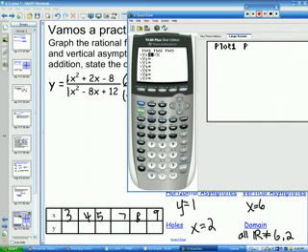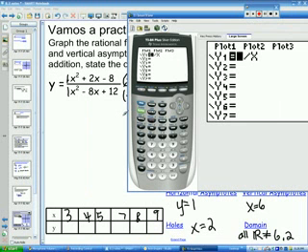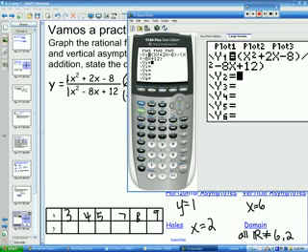So in y equals, we'll type in x squared plus 2x minus 8 divided by x squared minus 8x plus 12. Okay, hit enter, and then we'll hit second graph again to look at the table.